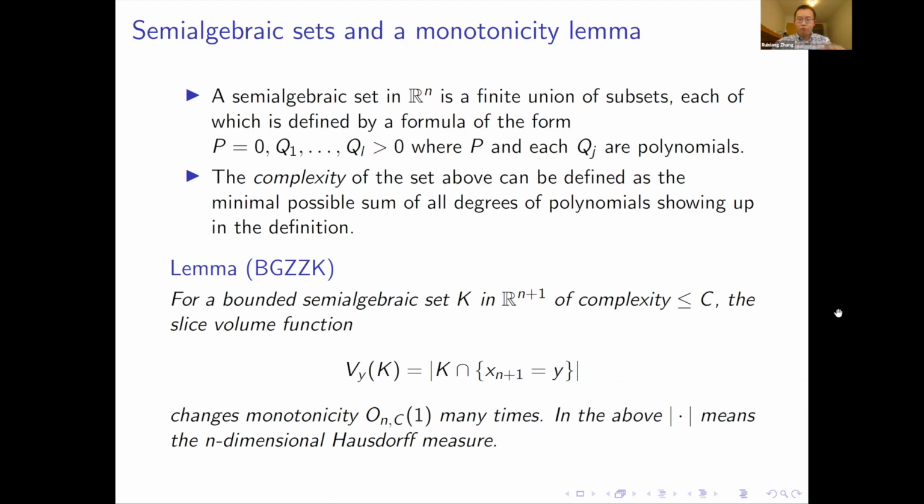You move this plane up and down, and you look at the volume of the slice and how it changes. The important thing about this quantity is that it changes monotonicity only boundedly many times, where this constant depends on the dimension and the complexity of the semi-algebraic set. So this is the lemma. I'll show you a picture that illustrates it better on the next slide.